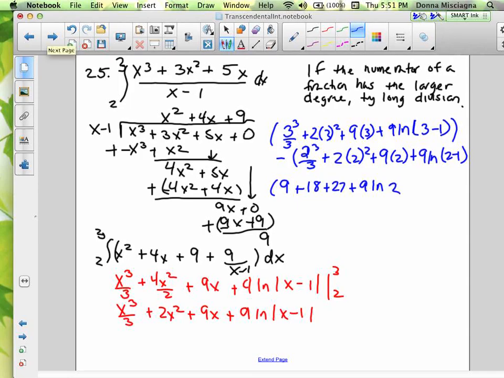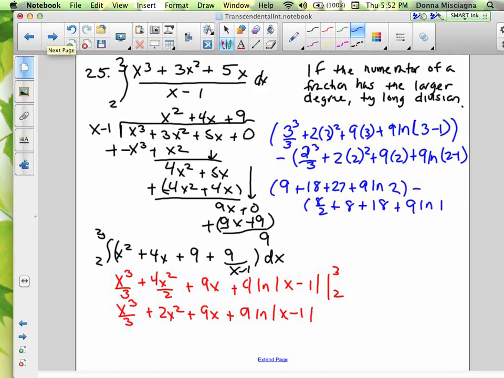Which we're going to be stuck with, and then minus 2 cubed divided by 3, so that would be 8/3, plus 2 squared, 4 times 2 is 8, plus 18, and then plus 9 times natural log of 1, right?